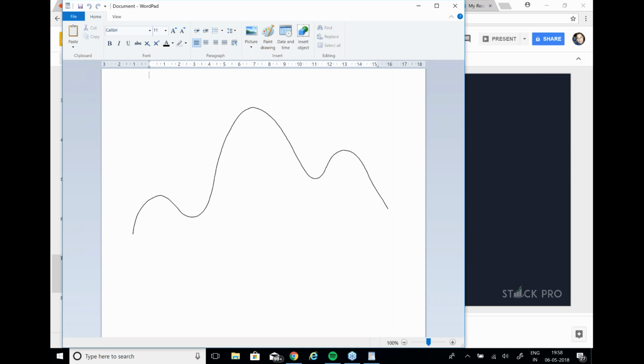If I draw a line, this line is not a flat line, this is an inclined line. Basically this gives a very rock solid indication that if this direction is broken in the downward direction, the stock may fall.